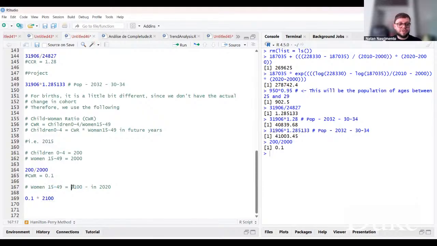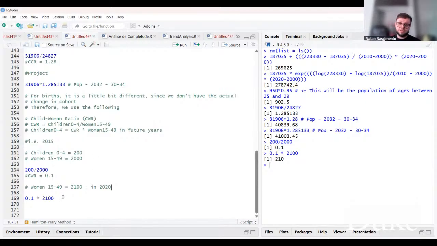So I have a growth of 100 women, and I'll multiply this by the child-woman ratio, so 2010. So we expect to have 2010 children from 0 to 4 in 2020. So this is more based on the women and the children per woman than on an aging group.